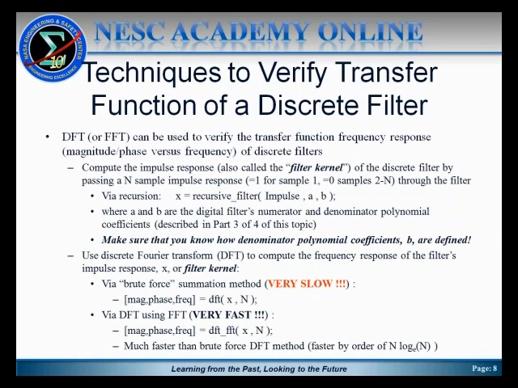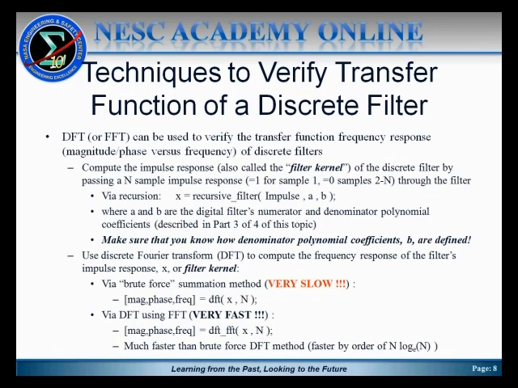So you can take a recursive filter, as we've shown in part 3 of this presentation. You can build a function that performs a filter recursion given the numerator polynomial A and the denominator polynomial B. You can calculate it as shown here by the recursive filter.